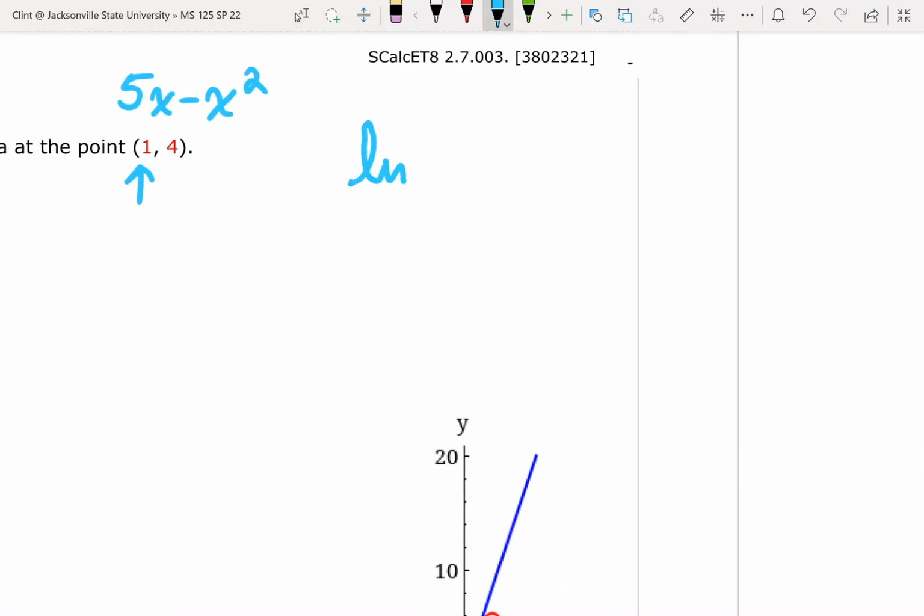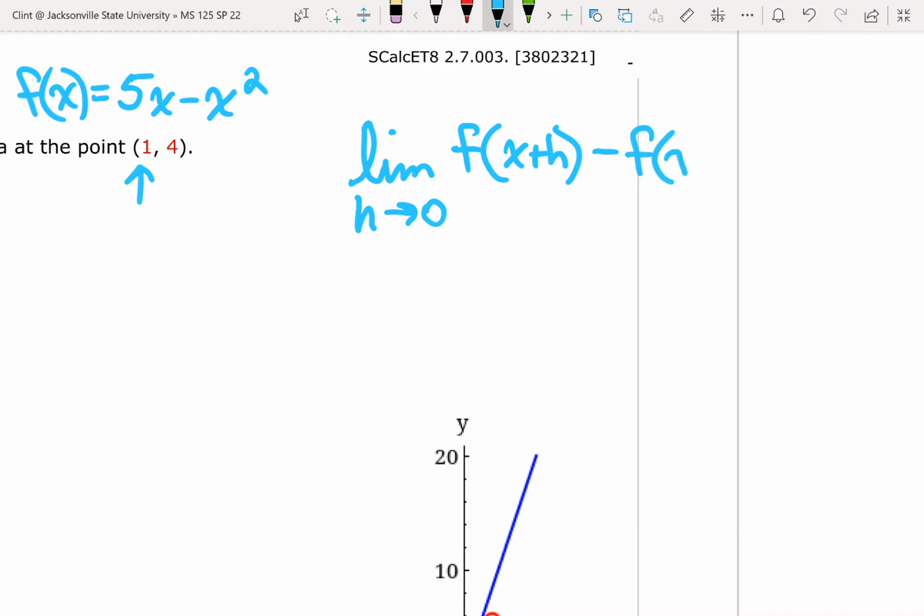What we want for the slope of the tangent line, using the limit definition, I'm going to call this f of x so it matches up instead of y. So we want f of x plus h minus f of x over h.